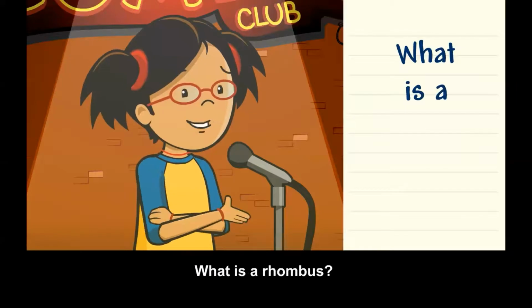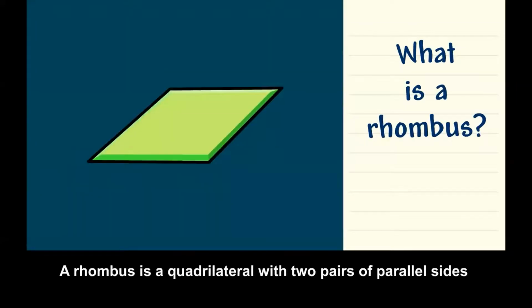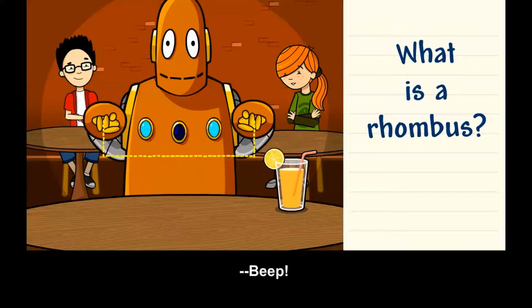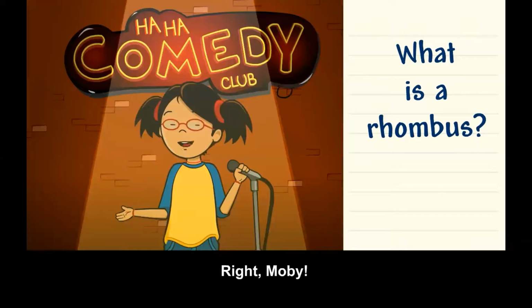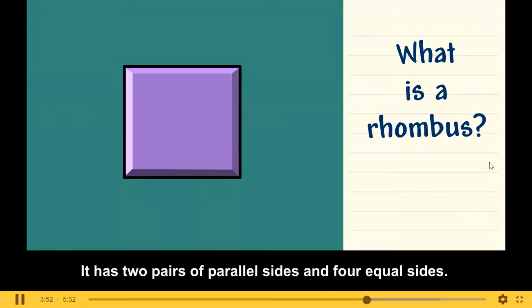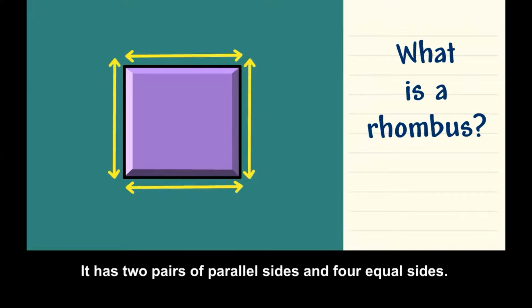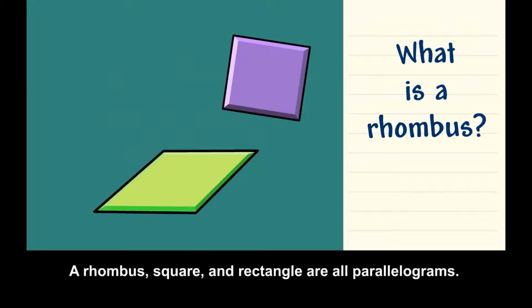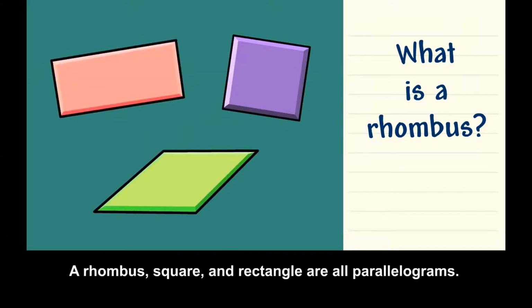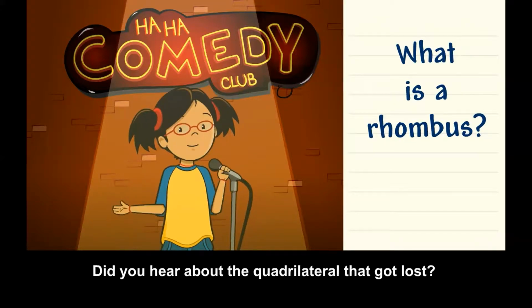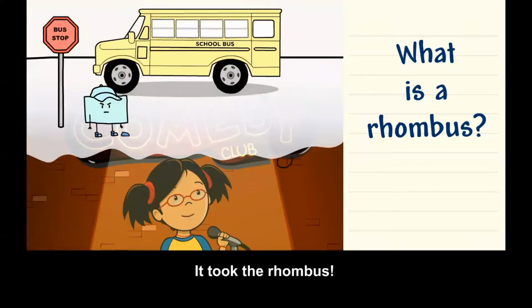What is a rhombus? A rhombus is a quadrilateral with two pairs of parallel sides and four equal sides. Right, Moby. A square is also a rhombus. It has two pairs of parallel sides and four equal sides. A rhombus, square, and rectangle are all parallelograms. Did you hear about the quadrilateral that got lost? It took the wrong bus.